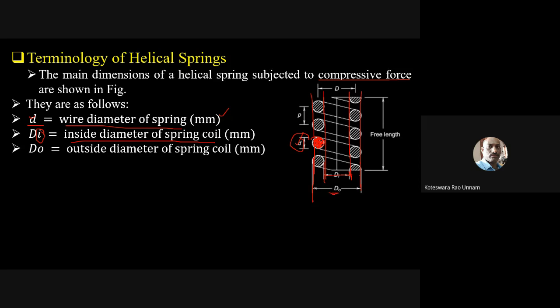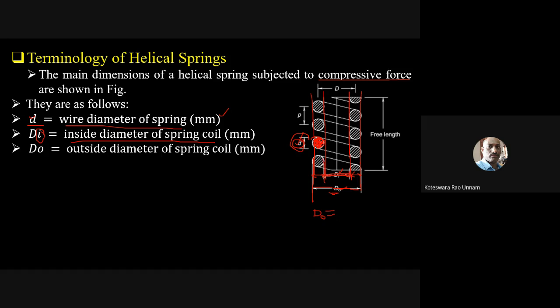So now if I want to relate this Do, Di and the small d, how can I relate that? Here you can write this Do as this distance plus this distance plus this distance. We know this is Di, the inside diameter.